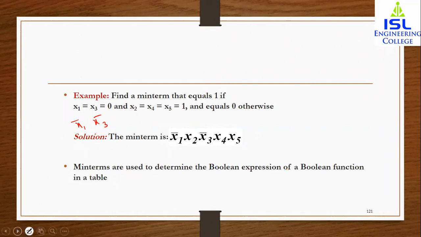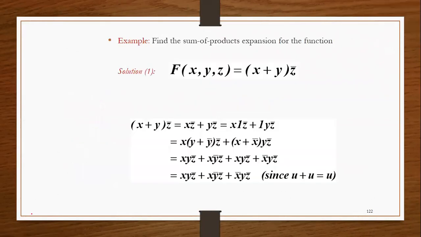So whenever we represent the function as a sum of minterms, or the sum of product form, this is called disjunctive normal form. I believe we have studied sum of product and product of sum in digital electronics already, so I won't go into much detail. Now find the sum of product expansion for the function (x plus y) into z bar.